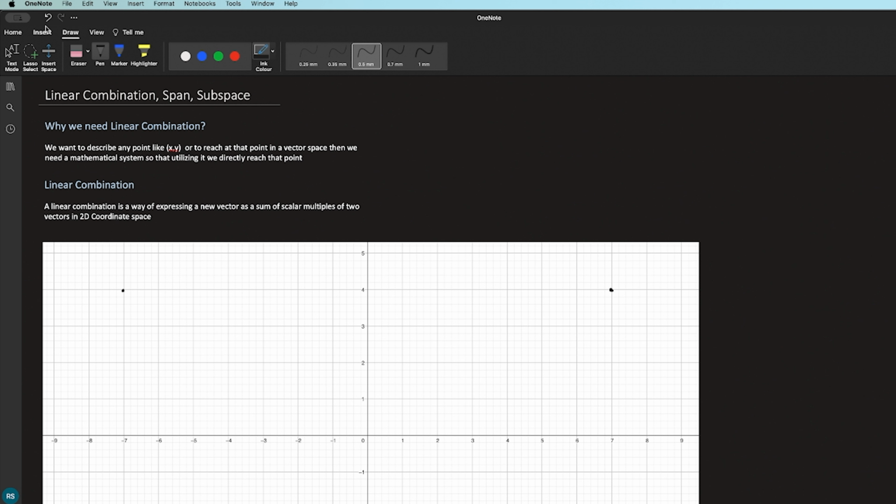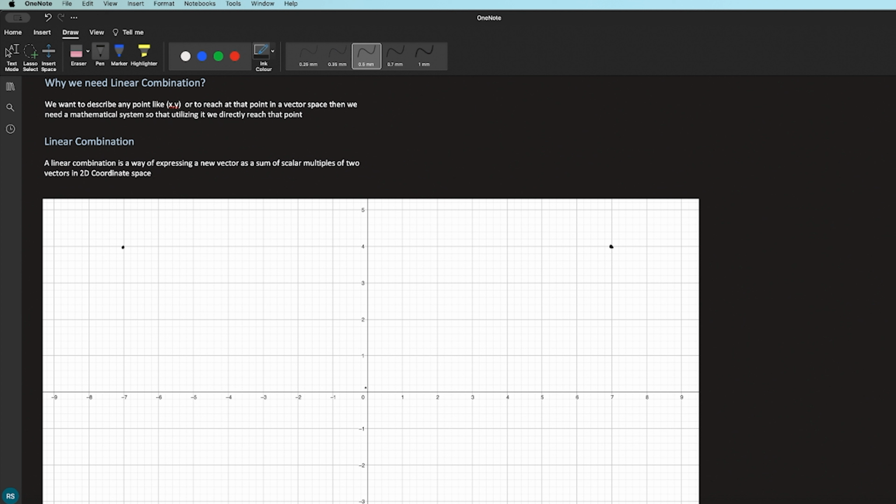Let me draw a unit vector. We have studied the unit vector in the previous video about vector operations, or maybe in the vector introduction for machine learning. I am drawing a unit vector here.